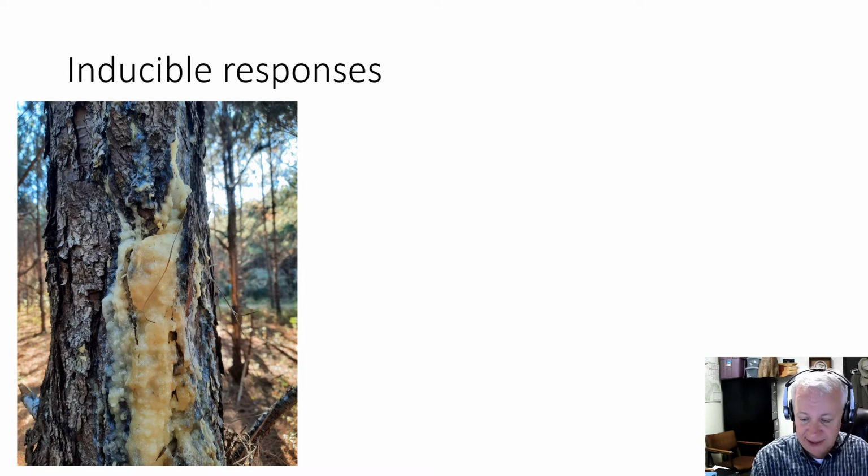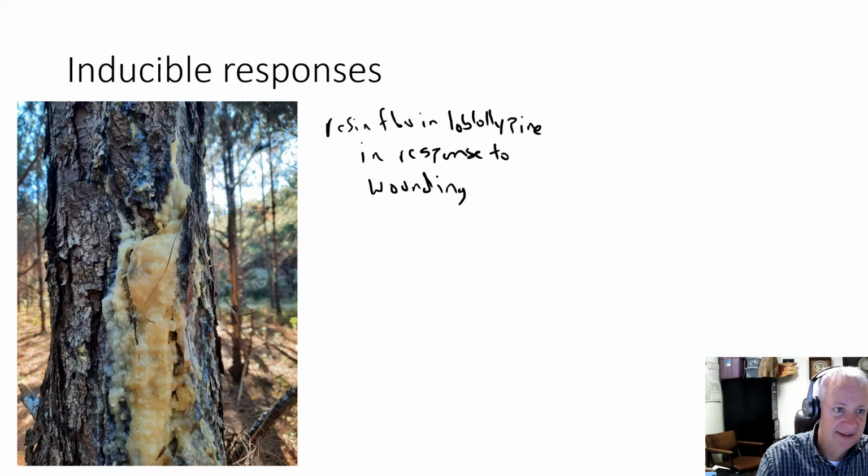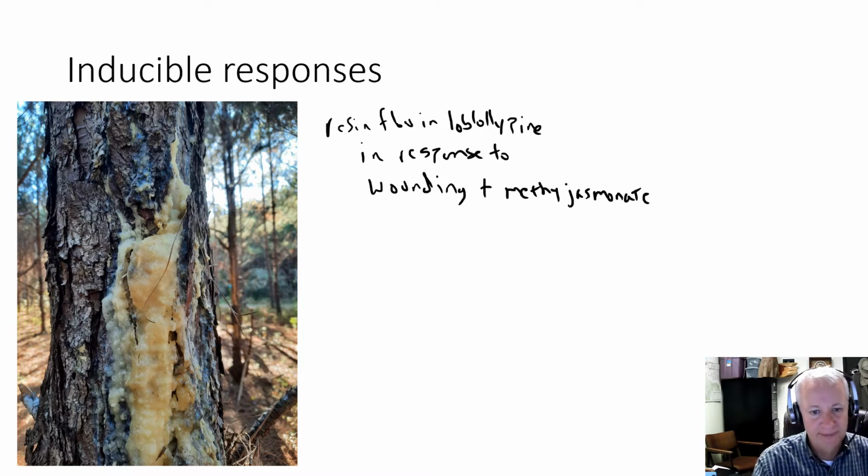This picture here is sort of an extreme example of an induced response. This is resin flow in loblolly pine in response to wounding plus application of methyl jasmonate, which is a synthetic form of a stress hormone.